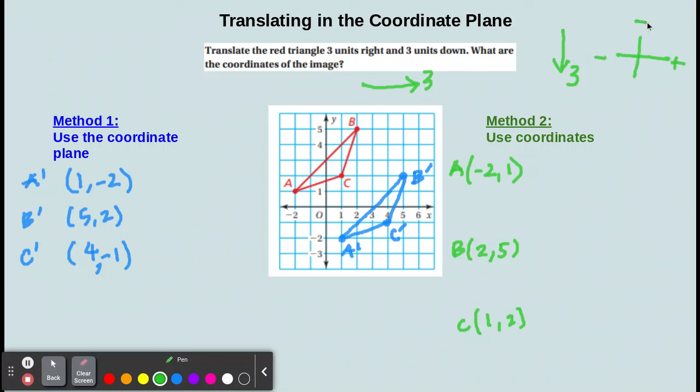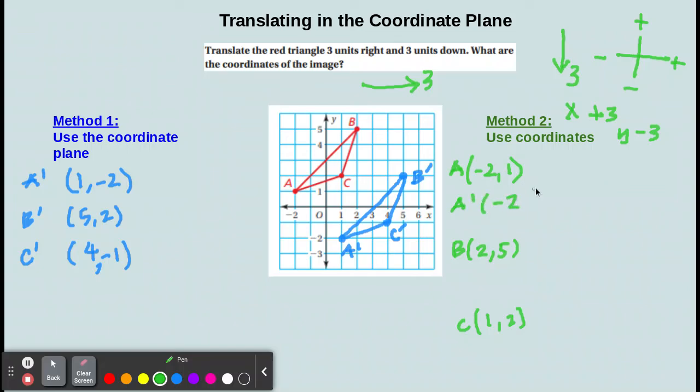Thinking back to our last slide, remember if we move to the right, we're moving in the positive direction. And if we move down on the y-axis, we're moving in the negative direction. So we are going to add 3 to our x, and we're going to take away 3 in our y.